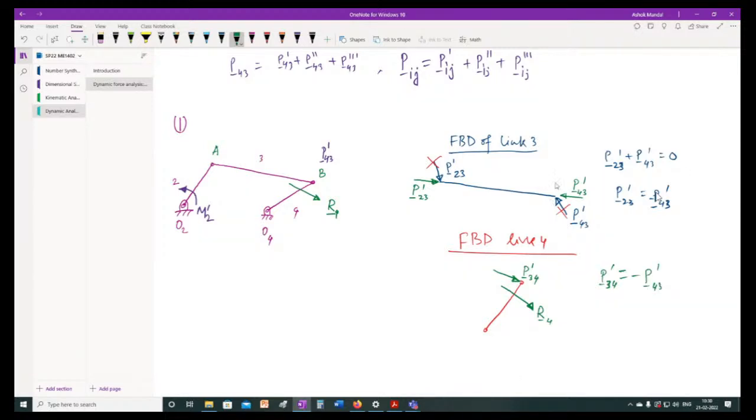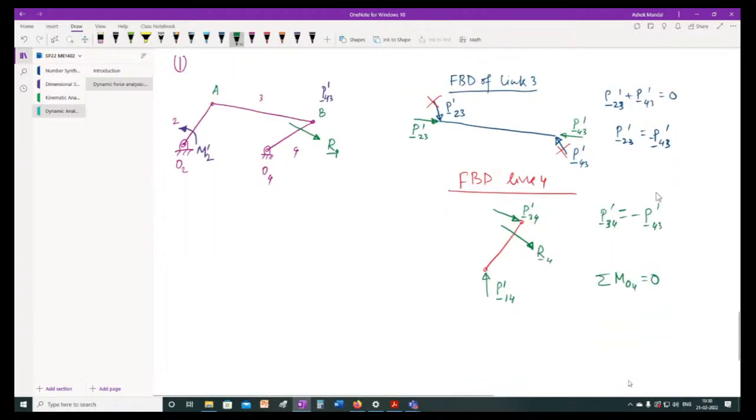Okay, so from here we have that, and it is subjected to some joint force, that is P141. So now you can apply the equilibrium equation and get the value of R4. R4 is known to you. So you can get the value of P341, right?